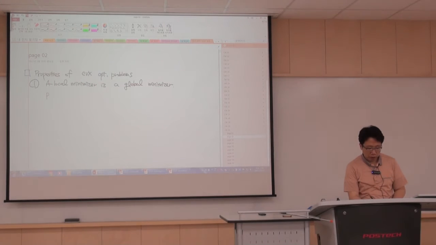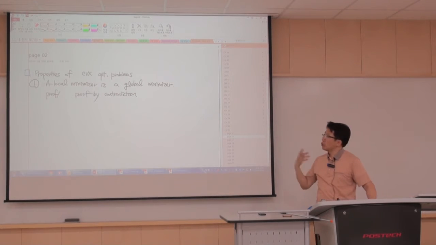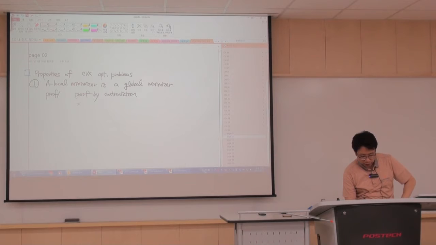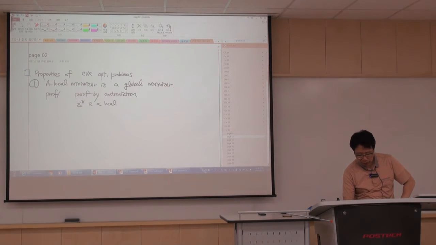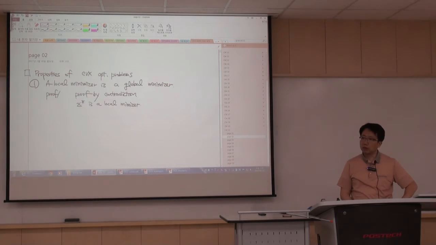Oh, by the way, how can you prove this? It's not difficult. You use proof by contradiction. So you start by saying, okay, x star is a local minimizer.